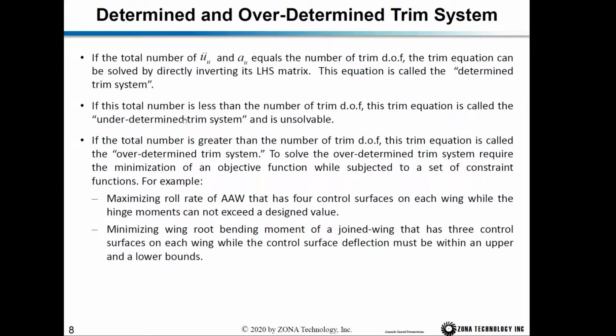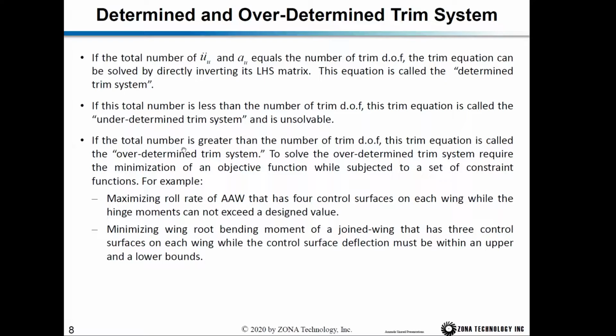If the total number of unknowns is less than the number of trim equations, this is called an underdetermined trim problem, and it's unsolvable. For example, for the 1G cruise condition, if I lost my horizontal tail, I only have one trim variable, which is angle of attack, then I cannot solve this trim problem, meaning the aircraft is going to crash.